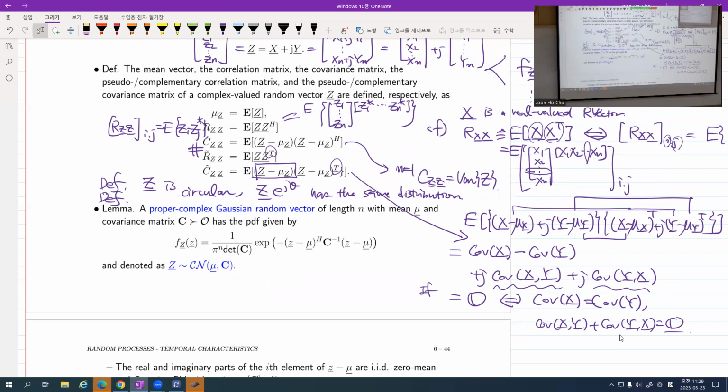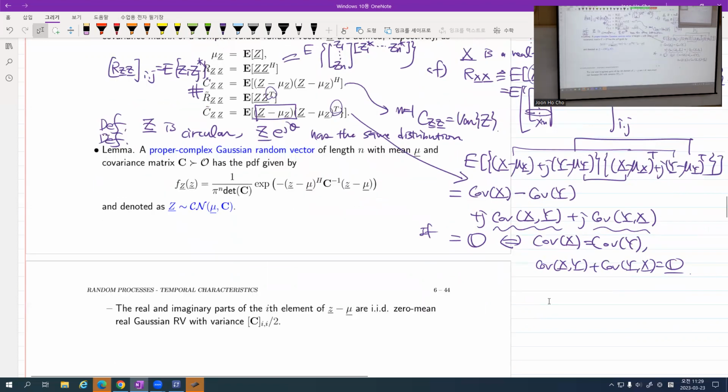But we can say that this implies the covariance of each entry x_i, y_i, so you take the ith entry. This is the real part of z sub i, and this is the imaginary part of z sub i.